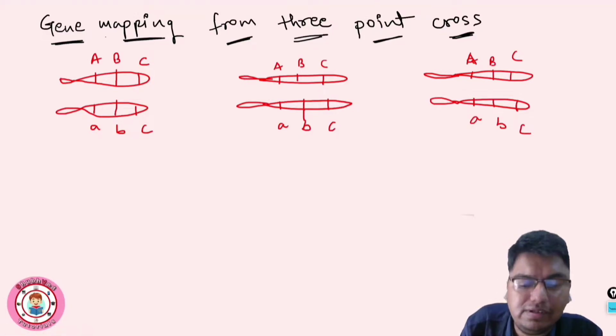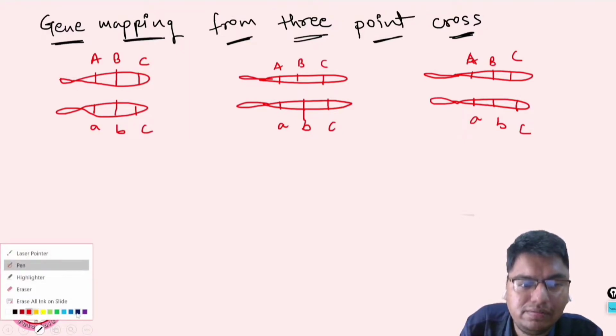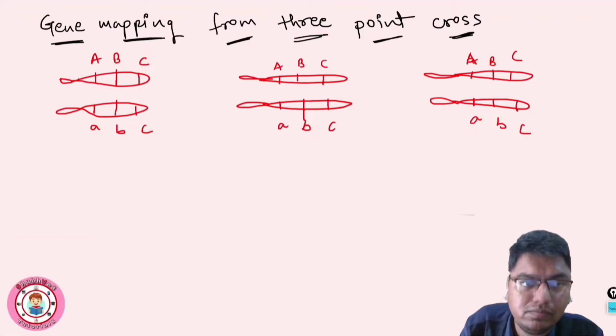So now first cross we will see between A and B. I will change the color. The first cross is between this A and B. So what we will get?